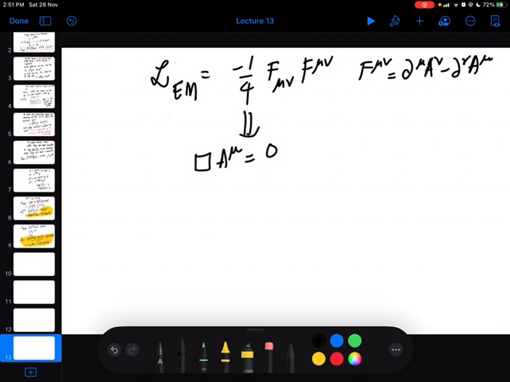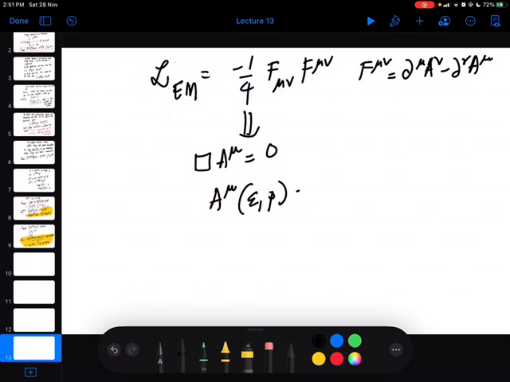So for the free case, this has solutions; box is nothing but ∂². So this has solutions A_μ, which is a function of polarization and momentum.